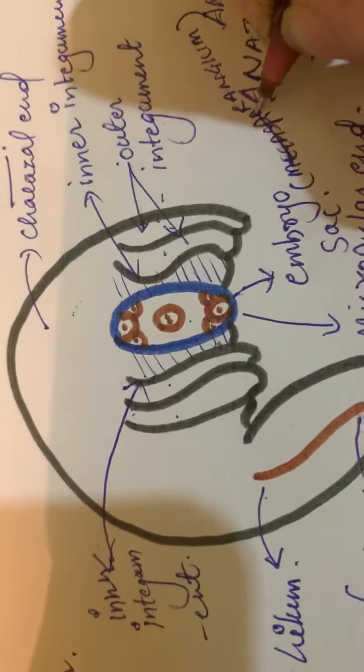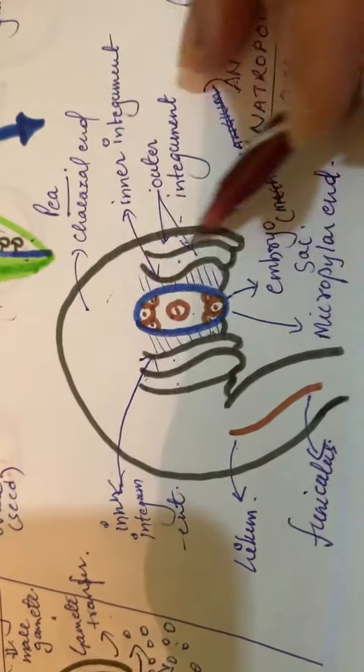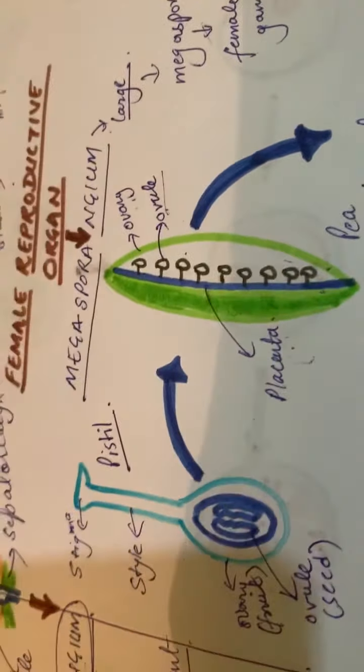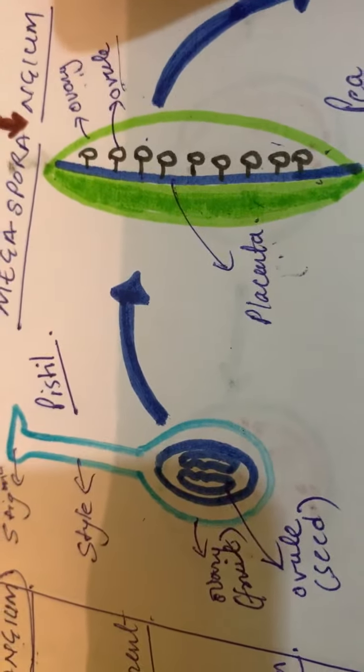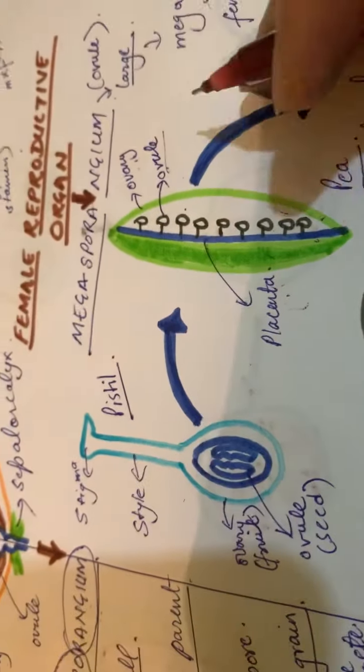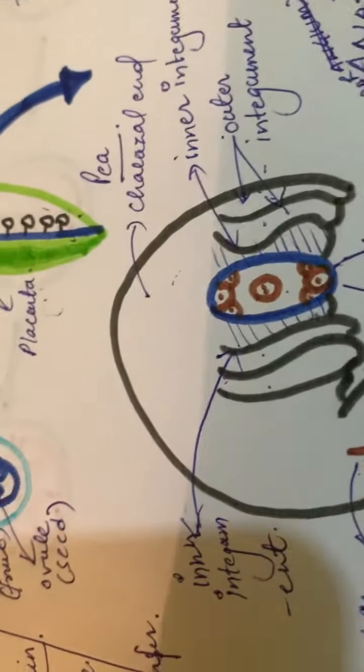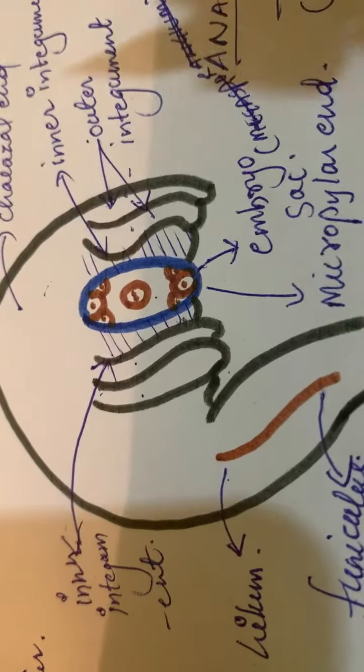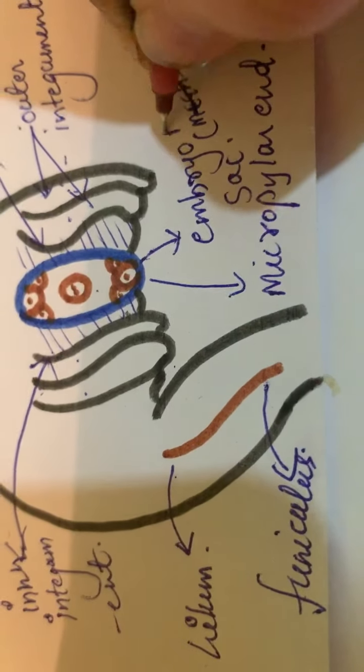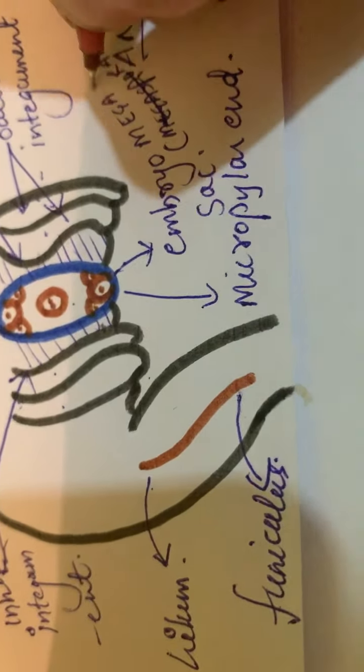Okay, sorry. This is not megasporangium. Megasporangium is the ovule I had told you previously. Megasporangium is an ovule, whereas megasporangium comprises megaspore. What is that? That is embryo sac.